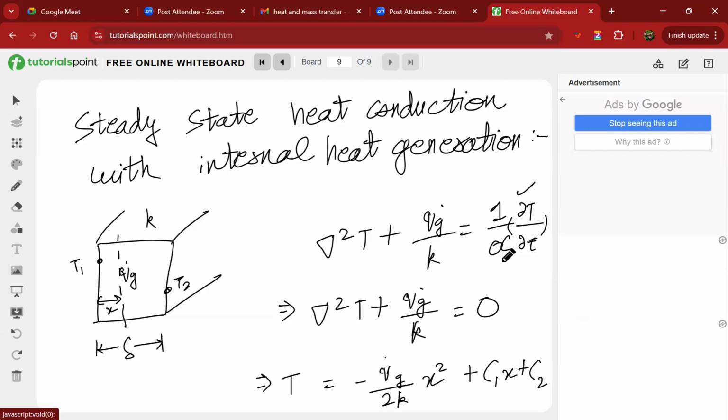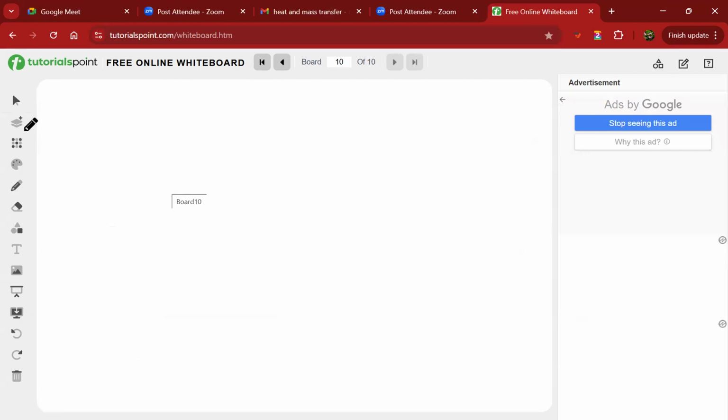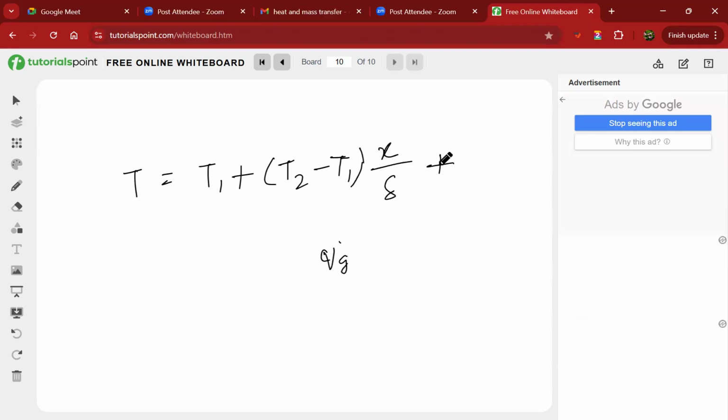So what temperature will I get at this x distance? I can find that by solving this equation. And after applying the boundary condition and putting the values of C1 and C2, the final thing that we get is T is equal to T1 plus (T2 minus T1) into x by delta plus Qg by 2k into (delta x minus x square).